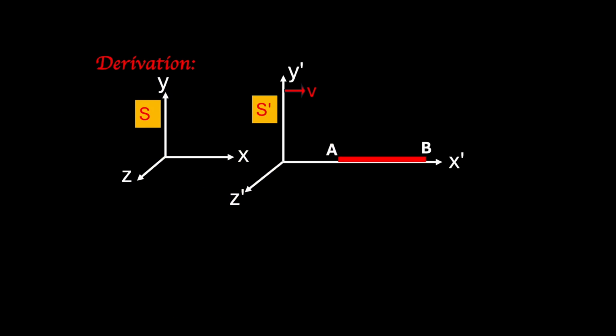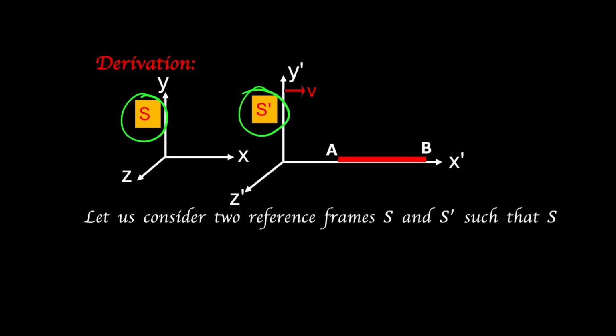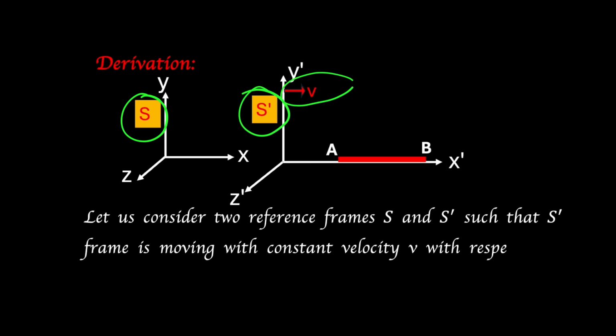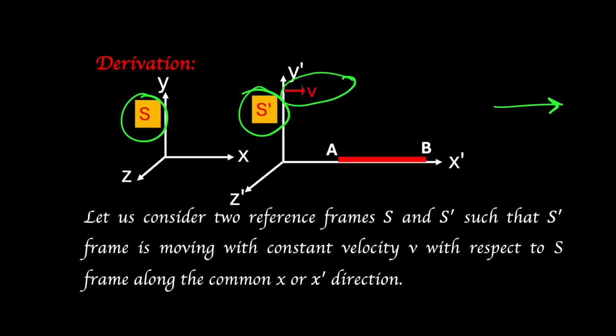Now, let's derive the length contraction formula, a concept you may need to understand and apply in your university examinations. Imagine two reference frames, S and S prime, where S prime frame is moving at a constant velocity, v, relative to S, along the common x or x prime direction.